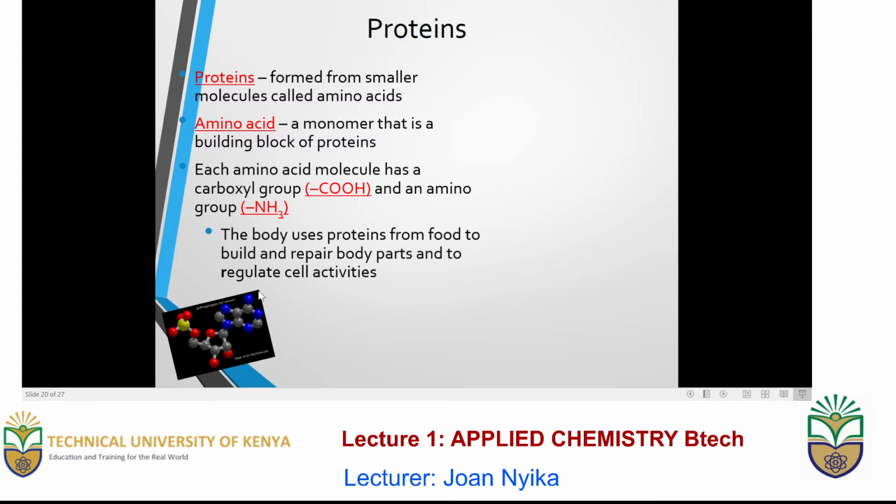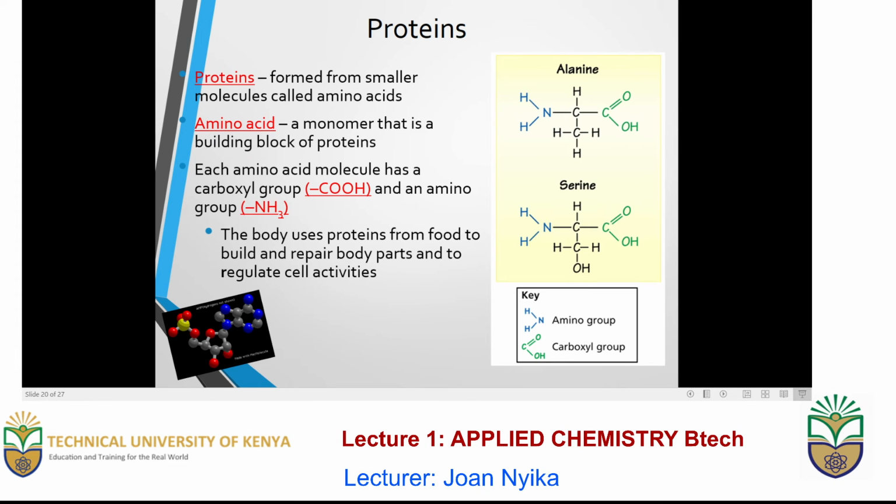The body usually of living things uses proteins to repair the parts that are worn out, and also to regulate some of the cell activities, including enzymatic activities.